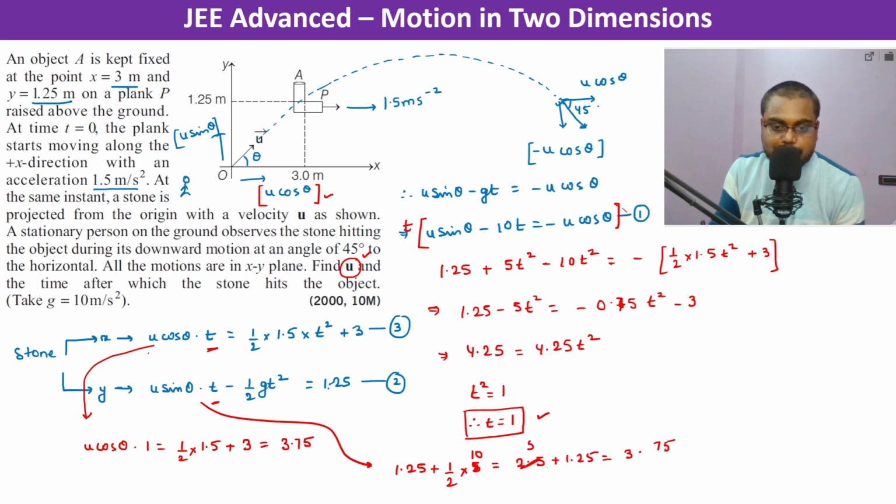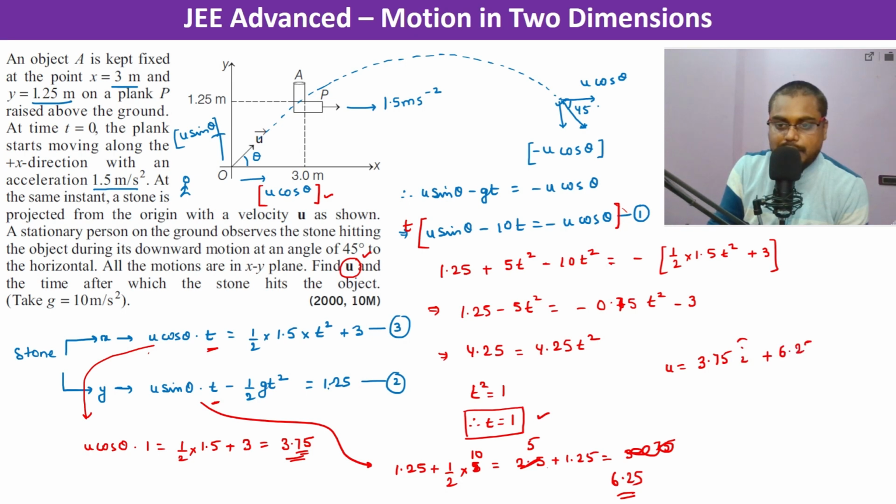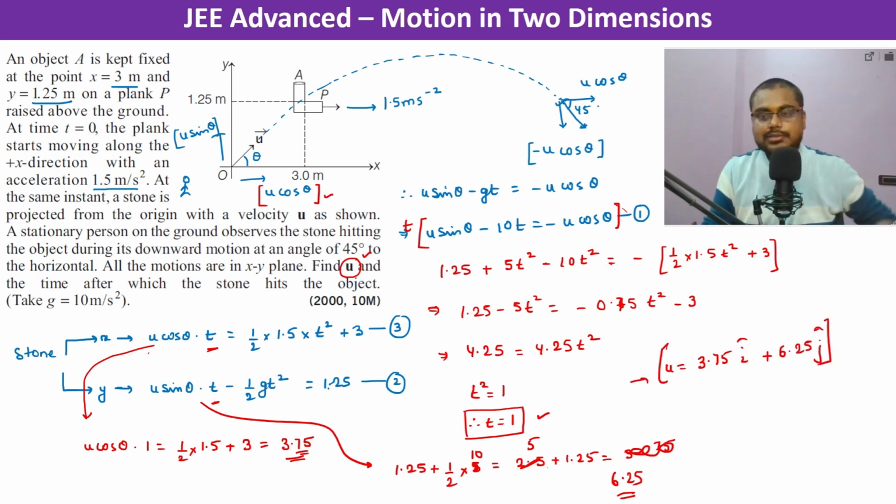So 5 plus 1.25 is 6.25. So in x direction it's 3.75, so we can write 3.75 i cap plus 6.25 j cap. Okay, this is the answer.